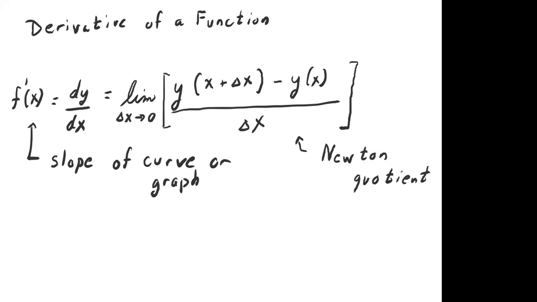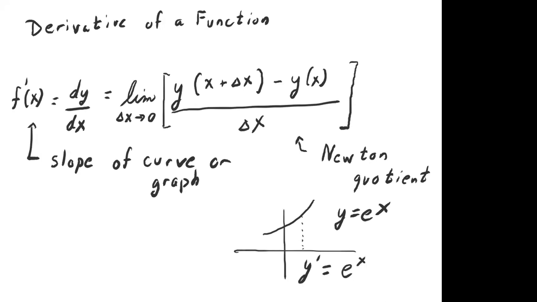So for example, if we go back to that exponential function, again, this is all a review, at any point, you can evaluate the derivative of the function with respect to x. That's very easy for the exponential function. And physically, all that is, is the slope of that curve at this particular point. Okay.